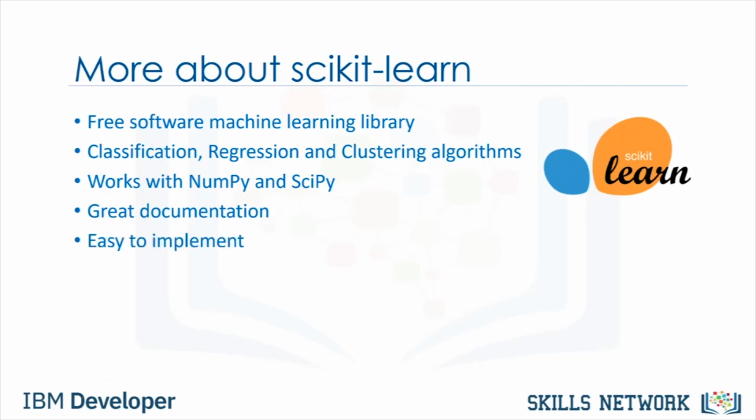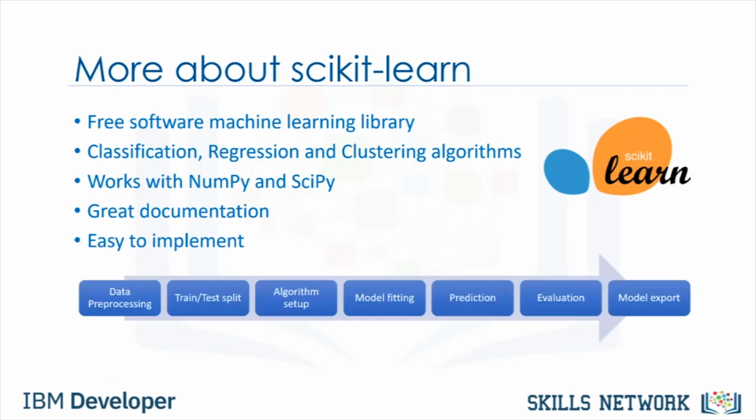On top of that, implementing machine learning models with scikit-learn is really easy with a few lines of Python code. Most of the tasks that need to be done in a machine learning pipeline are implemented already in scikit-learn, including pre-processing of data, feature selection, feature extraction, train-test splitting, defining the algorithms, fitting models, tuning parameters, prediction, evaluation, and exporting the model.